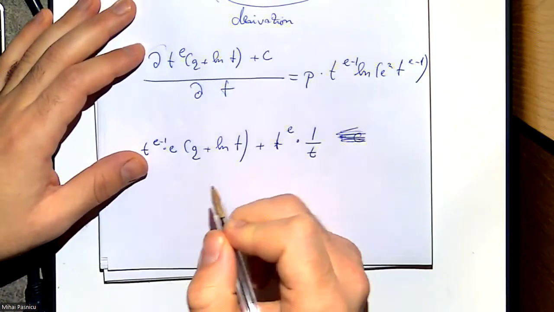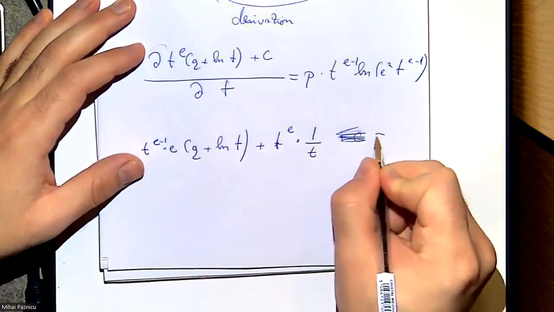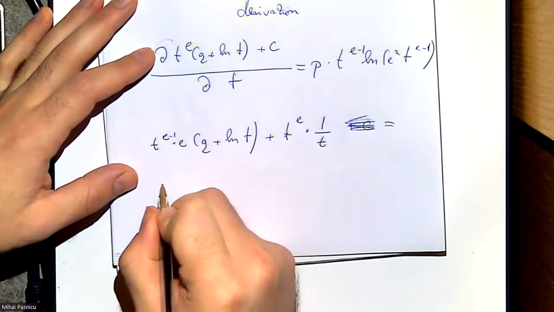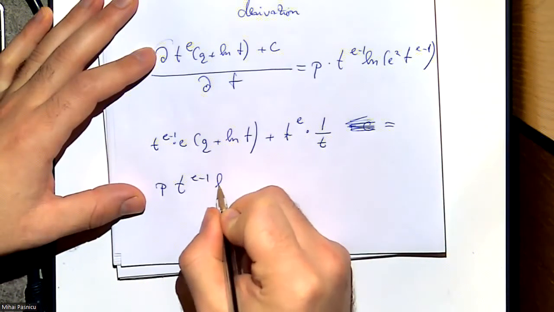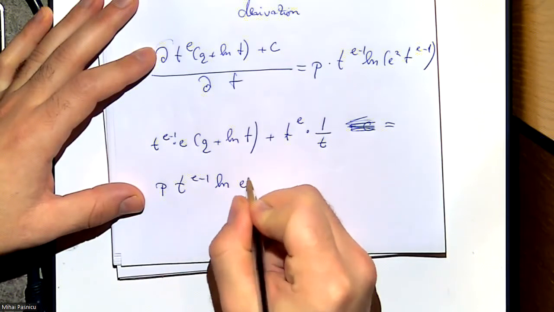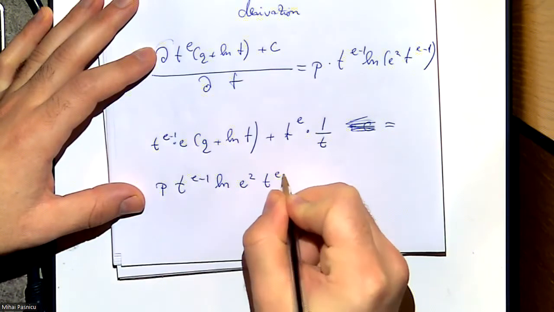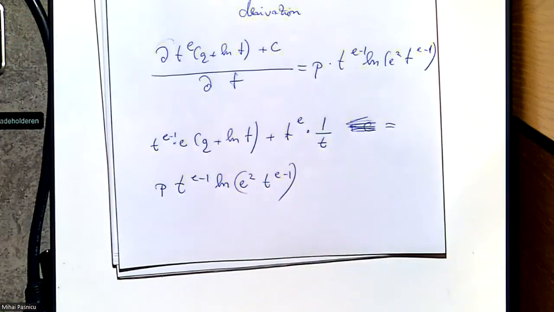The derivative of the constant is 0. Sorry about that, big mistake on my side. T E minus 1 log of E squared T E minus 1. Okay? And this is much easier than computing that integral. It's just faster, it saves time.